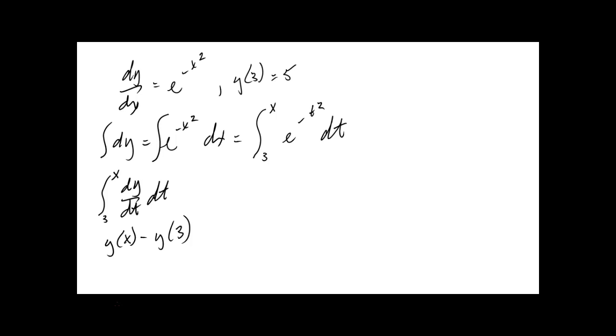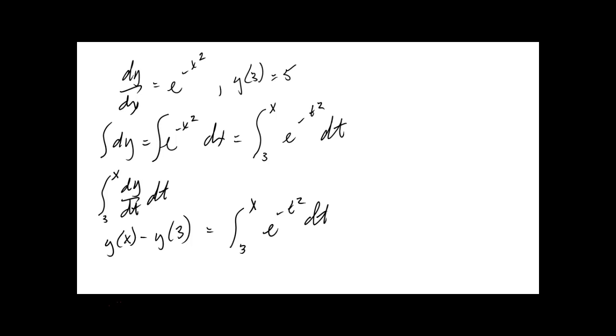Well, when you did that, you needed to rewrite this one that way, and this gave you y of x minus y of 3. And this you still can't do anything with. This is the integral 3 to x e to the minus t squared dt. You can't solve that any easier than you could with the x squared in there. So you just leave it like that.